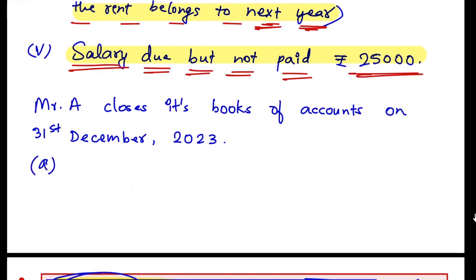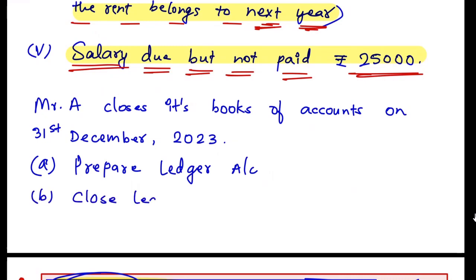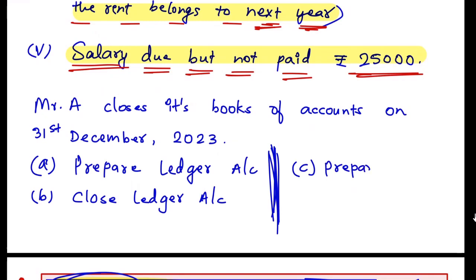Now what you have to do? Your first requirement was to prepare ledger accounts. So we have already prepared the ledger accounts. Now, second step is to close the ledger accounts. How we will do that, we are going to understand. Third, prepare trial balance. Sir, what is this trial balance?